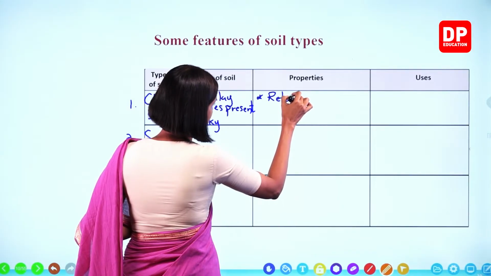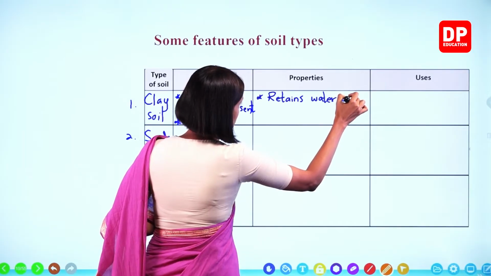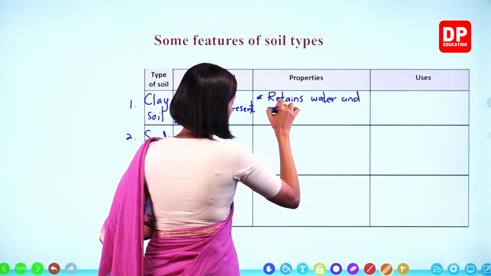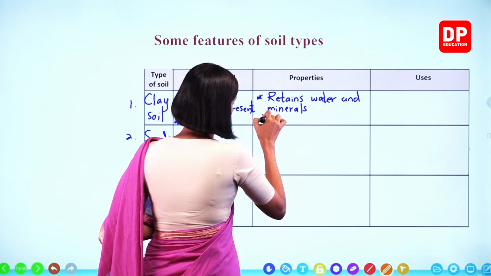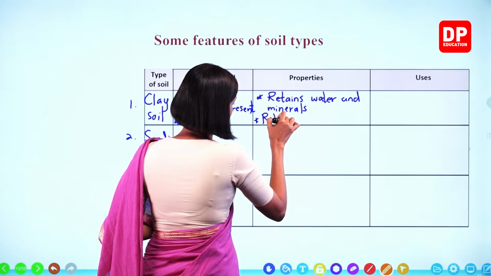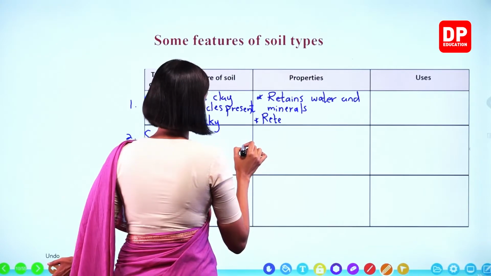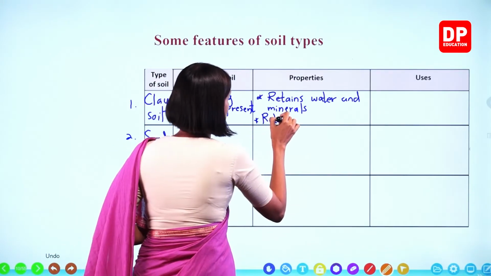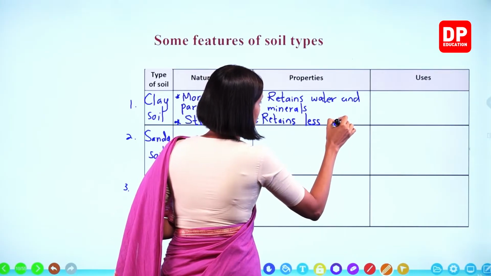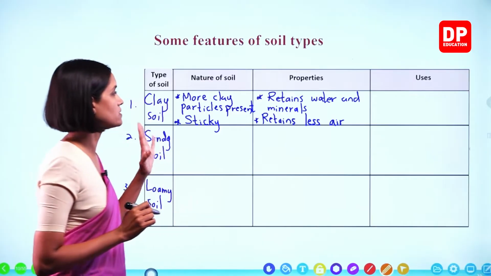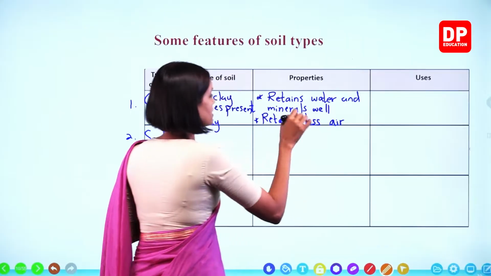Retains water and minerals well. Retains less air.